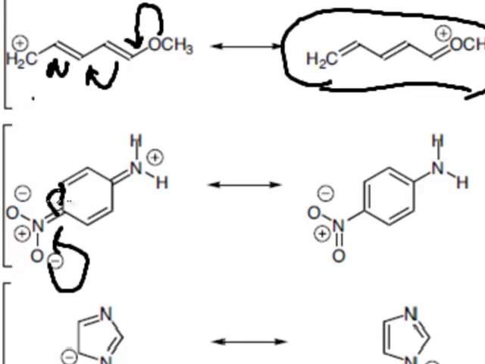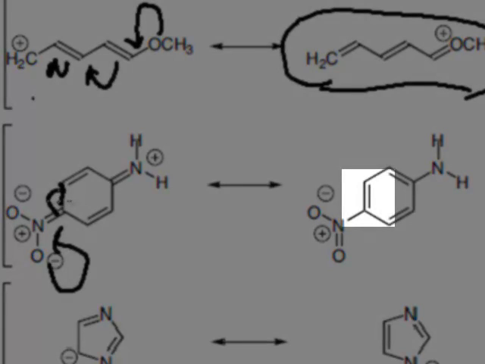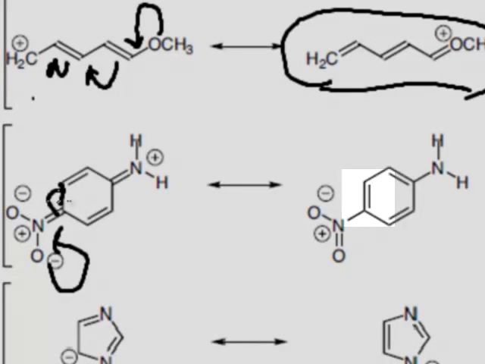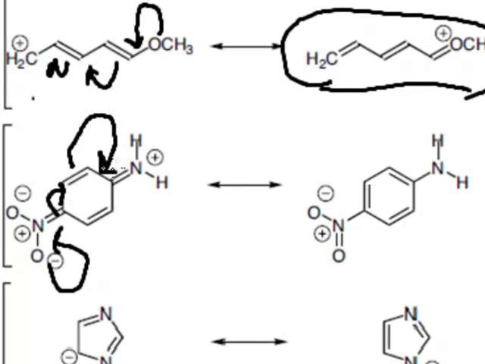And then again, the carbon that now has a newly formed double bond, we can relieve it by drawing the pi electrons moving into another pi bond. And then finally, the electrons in the carbon to nitrogen double bond can fall back into a lone pair on nitrogen. That now makes the nitrogen neutral.